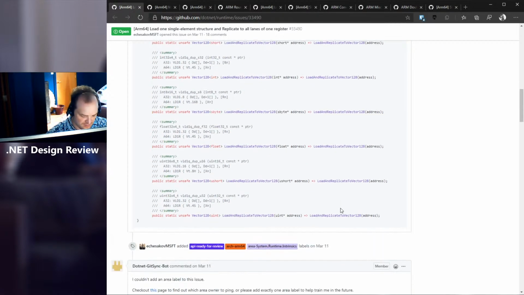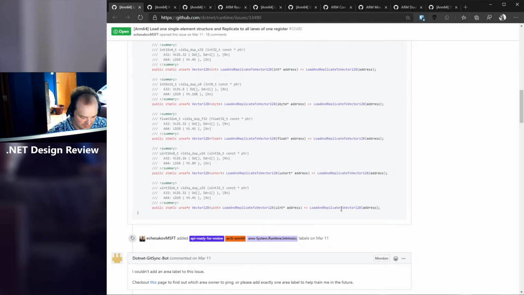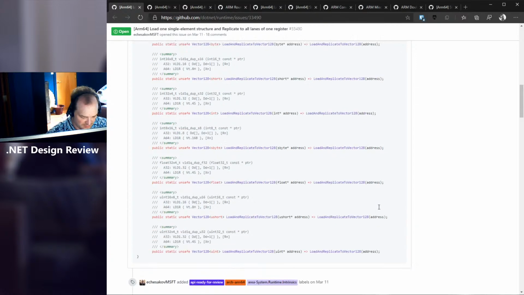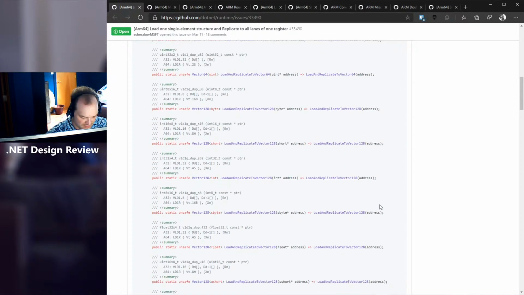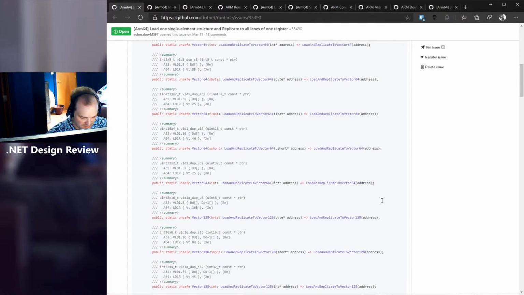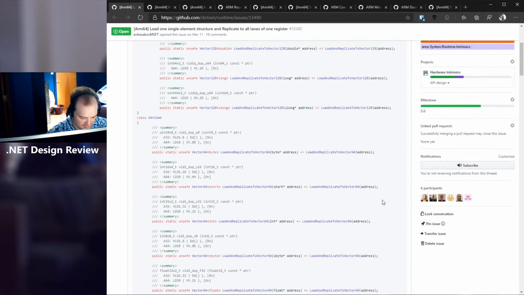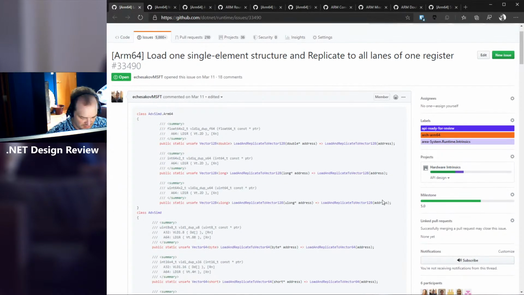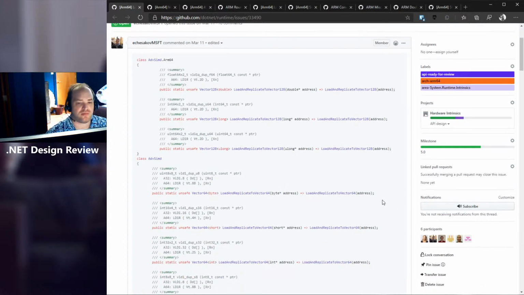They're all the same, just load and replicate to vector 64 and load and replicate to vector 128. For the 10 primitive types, there is no vector 64 version for double, long or U-long because those are single elements, so there is no replicate.